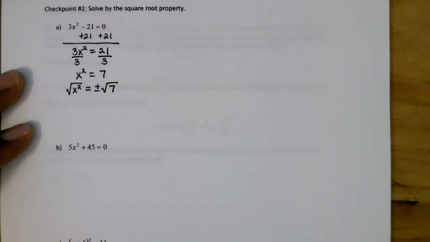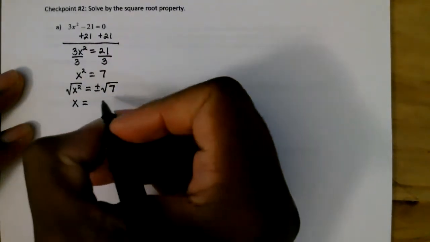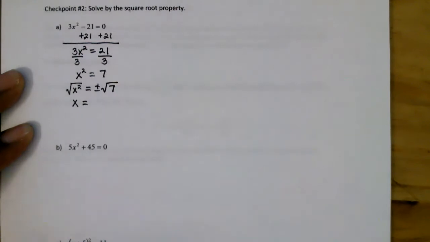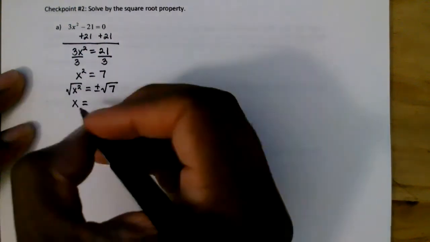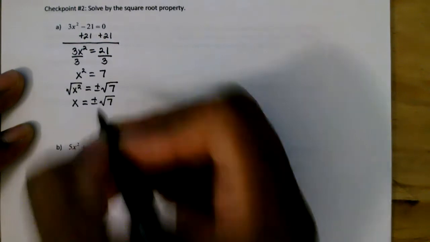Anytime you take the square root on both sides of an equation, you need to include plus or minus. So the square root of x squared is x, and that's equal to, now 7's not a perfect square because I can't find a whole number squared that's going to give me 7. So we have to leave that as plus or minus the square root of 7.